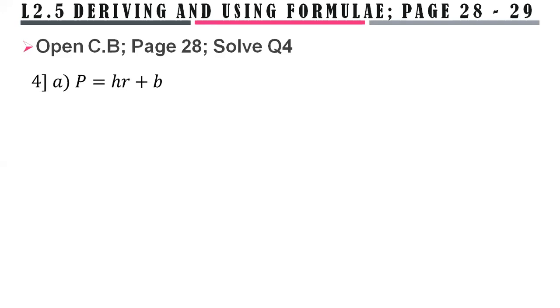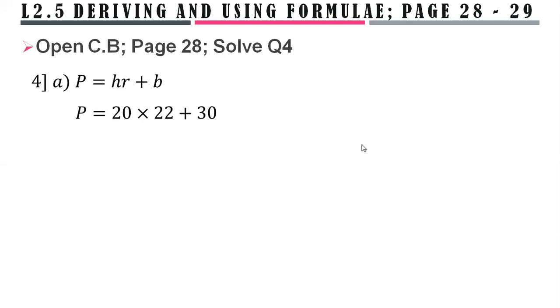You have two letters, H and R. H is the number of hours and R is the rate per hour. So what do you have first? Hours times... 20 times 22 plus 30.